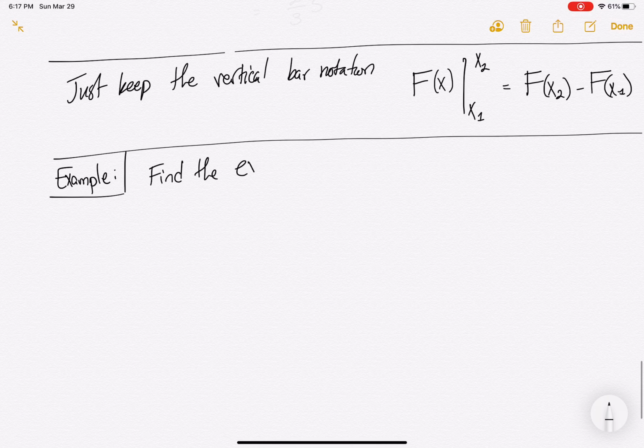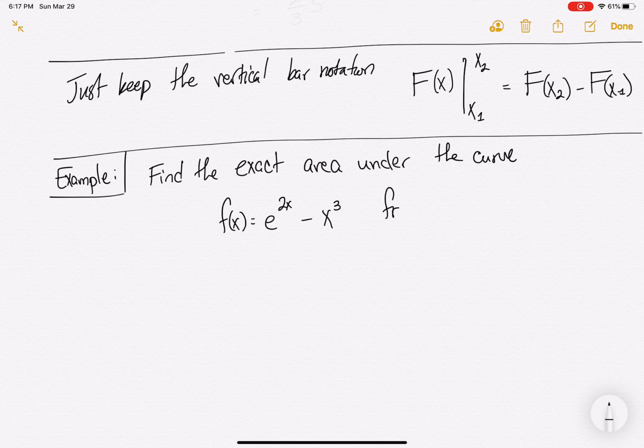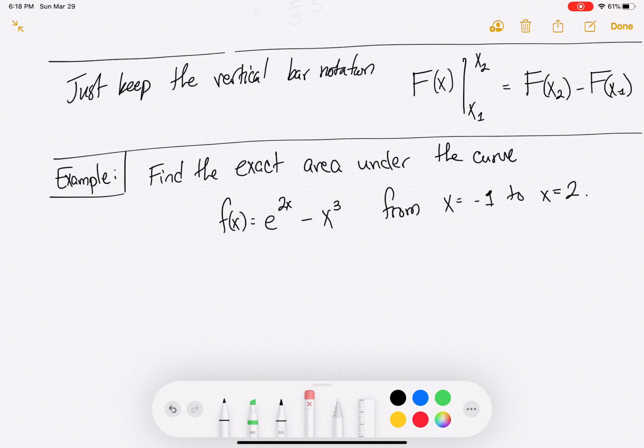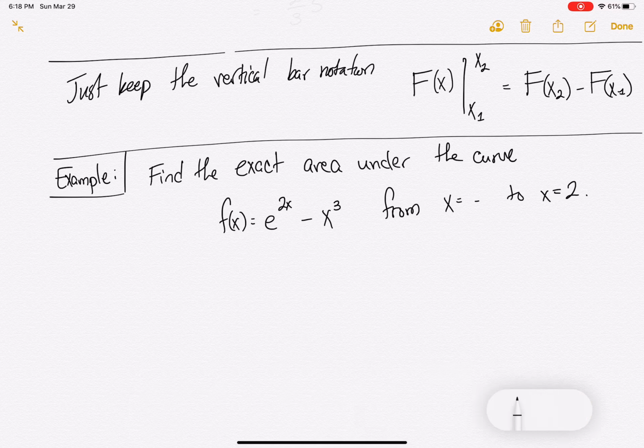Find the exact area under the curve f of x equals e to the 2x minus x cubed from x equals -1 to x equals 2. Man, I'm really bad at writing ones. I should just do the vertical stroke ones instead, but too late.